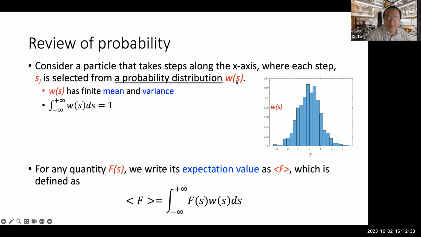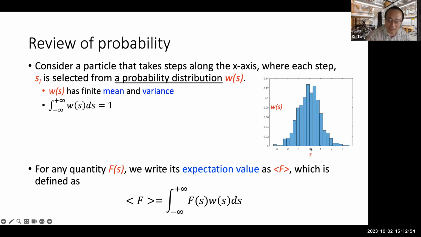takes many steps. Each step follows the probability distribution W(S) that is shown on the right-hand side. The x-axis here shows the step size. It can be 0: the particle takes a step, but that step stays in the same location, so the step size is 0.